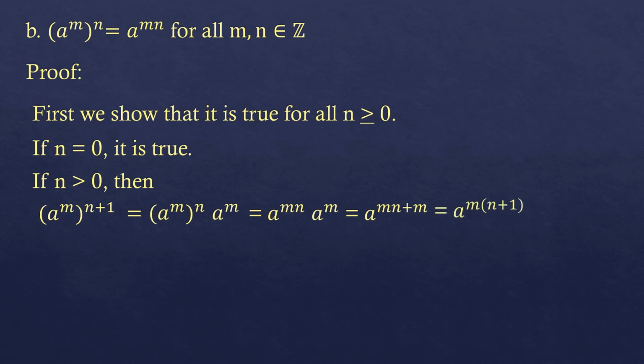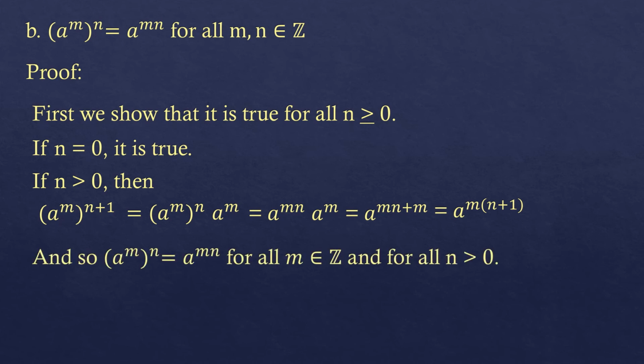And then we factor out the m, so it will be m times n plus 1. And so a to the power of m to the power of n is equal to a to the power of mn. So as you can see, we have shown that it is true when we add 1, because we are trying to show that it's true if n is greater than 0. So for all m element of z or integers, and for all n greater than 0.